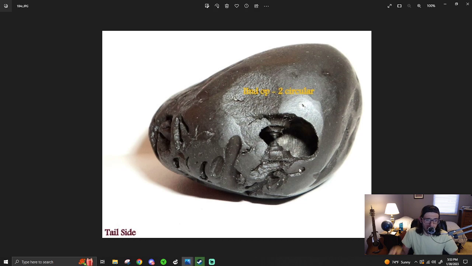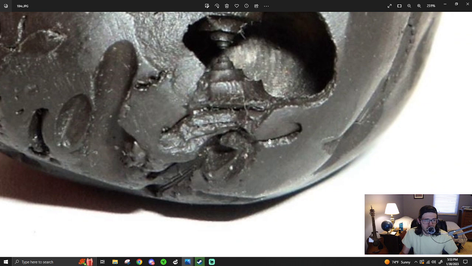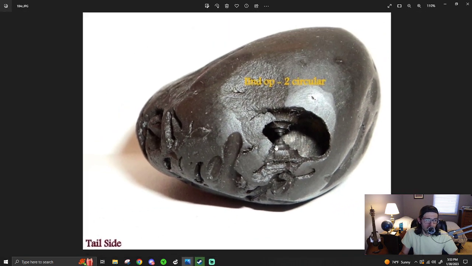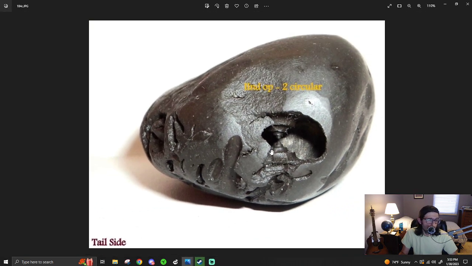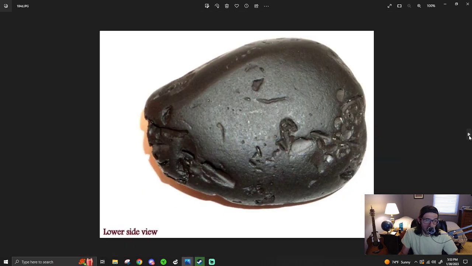This also looks like it was kind of indented right here, like it just fractured inward because of space that this formed and pressure that fractured inward, and then it just kind of froze as it was released from the pressure and temperature and conditions. This is the bottom face of the stone. Very cool.